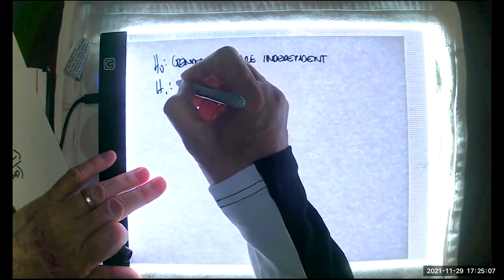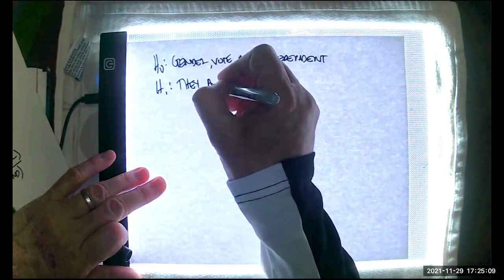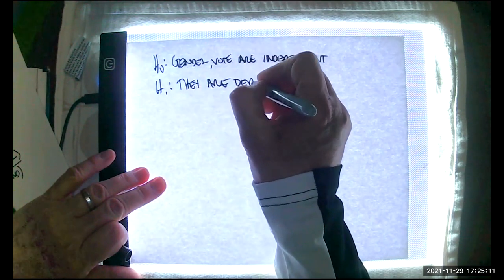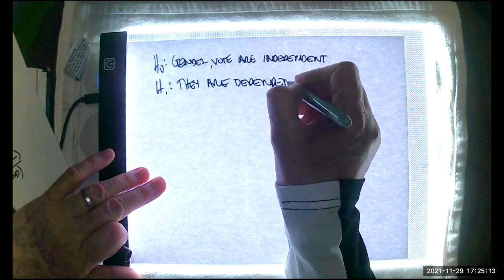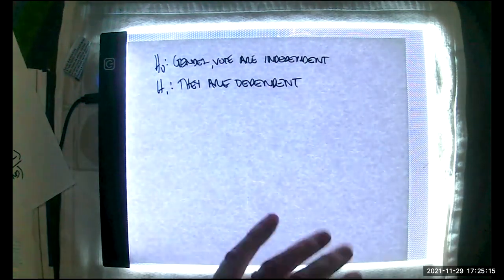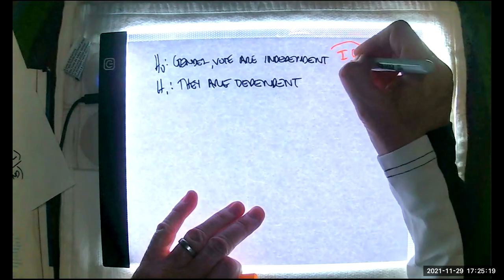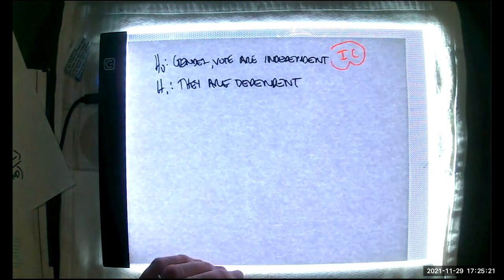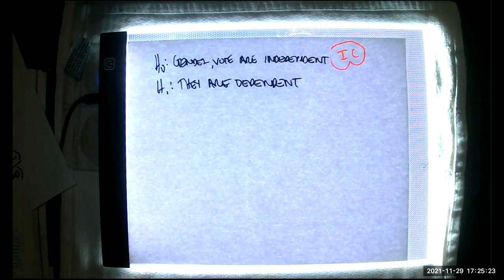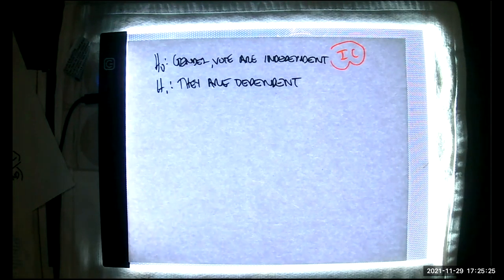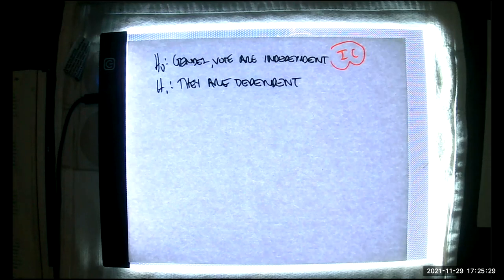The alternative: they are dependent. My initial claim is the null hypothesis, the claim of independence. All right, so let's go see how we deal with the matrix on our calculator.